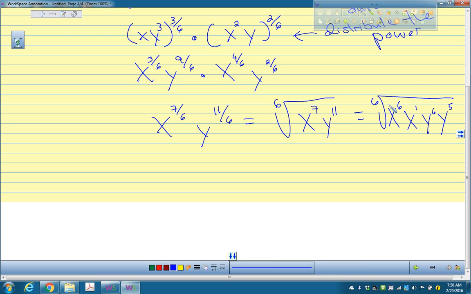The reason I did that is because now I can pull an x to the 6th and a y to the 6th outside of the root sign, and I have a 6 over here, and I have remaining inside the box an x and a y to the 5th, and that's your final answer. Pretty tricky, huh? That's a lot of steps. You think you could remember that? I'm giving you Math Excel to do, so we'll get you that.